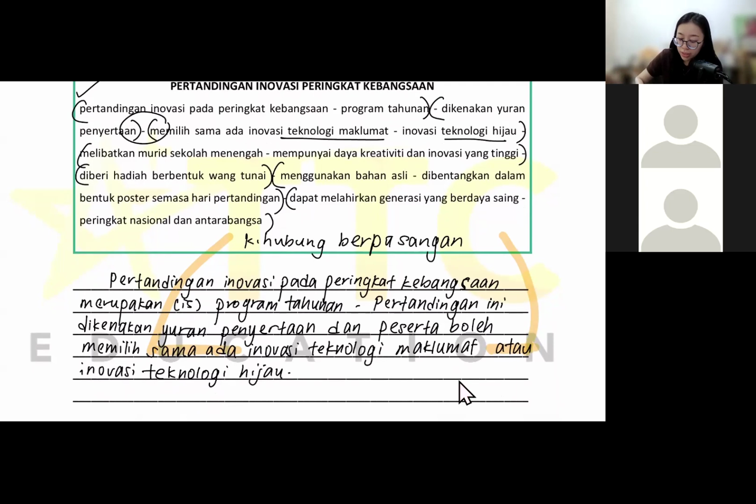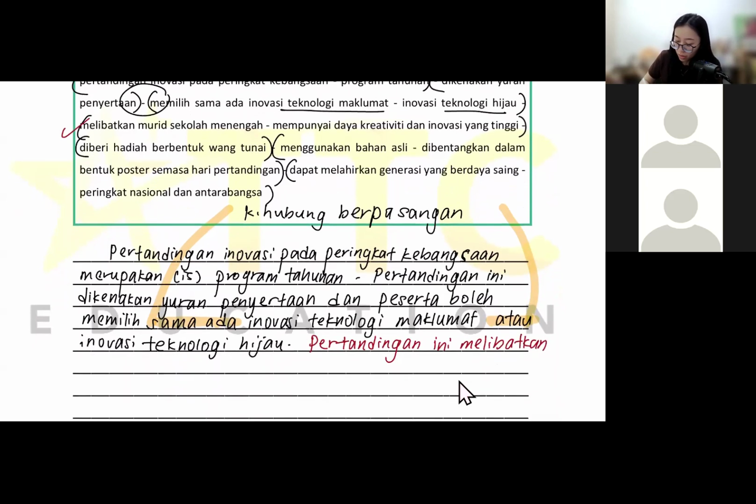Then you introduce again this one. This competition involves the secondary students and also those having creativity and innovation. So for this one you say pertandingan ini melibatkan murid sekolah menengah. Okay, how do you connect that?